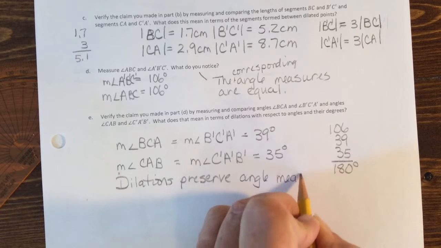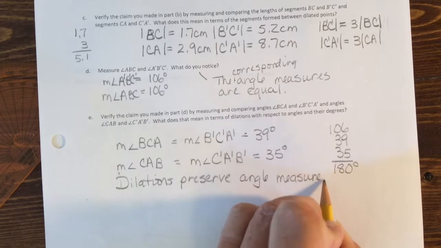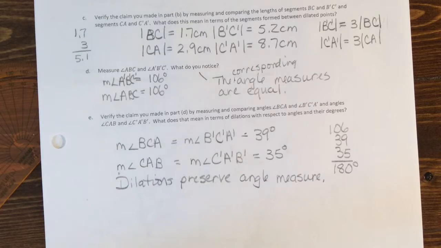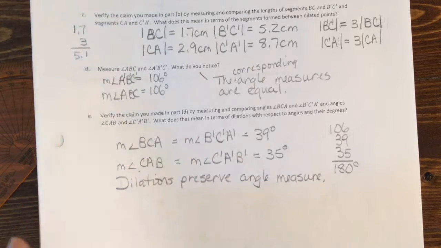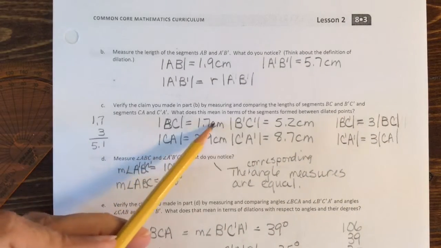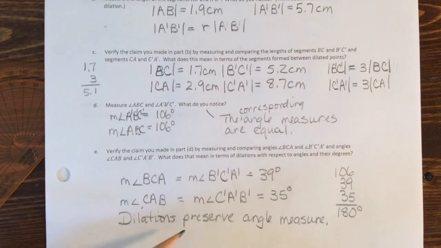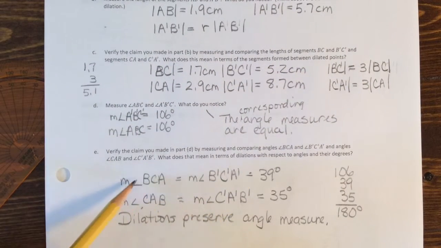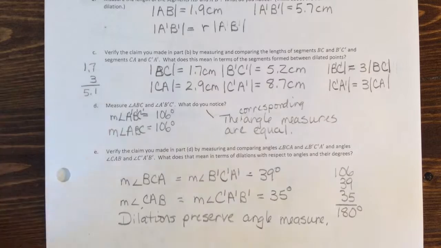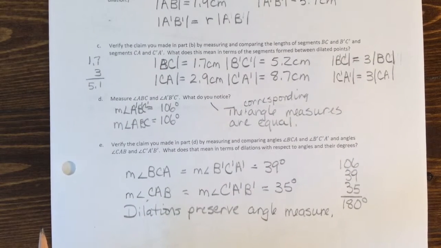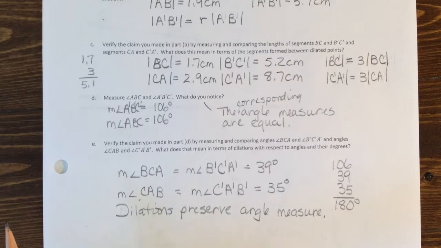And that's the whole idea behind same shape, right? Same shape, different size. The segments grew, but the angles remained the same size. So I can have the same shape, but a different size, either bigger or smaller.